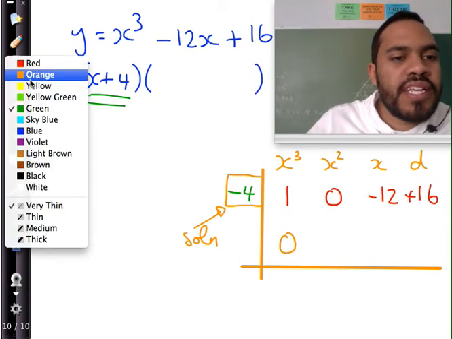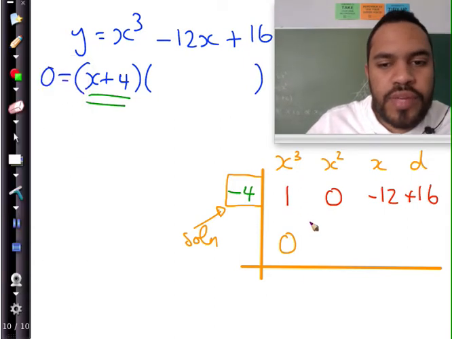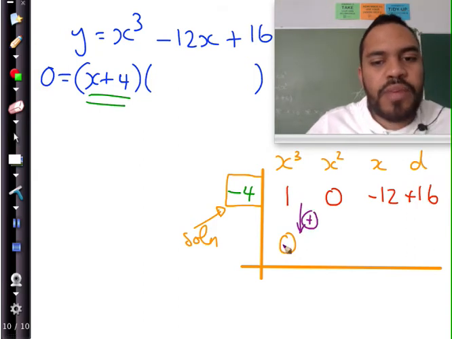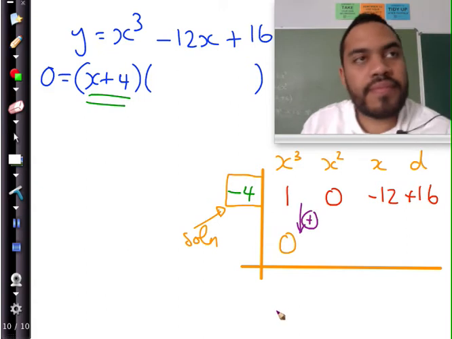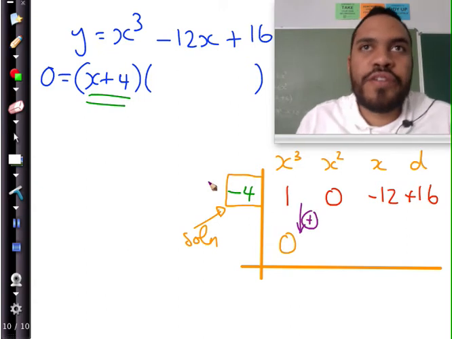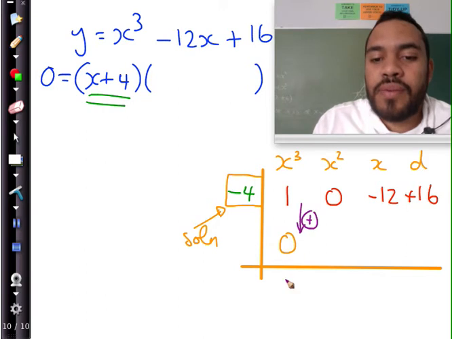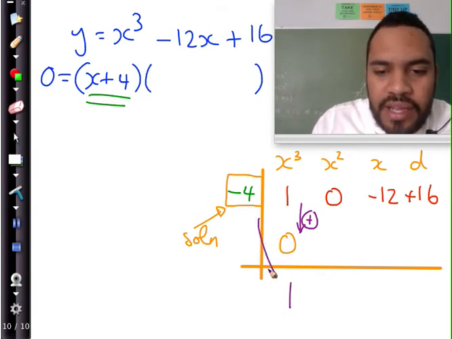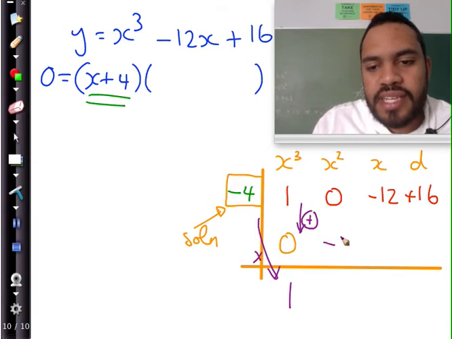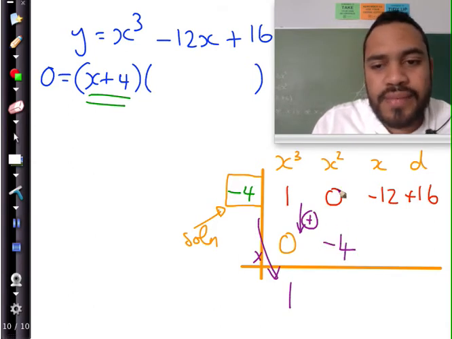Okay. And now I need to do what, Kauthar? What do we do downwards? We add downwards. So this is going to be 1 plus 0, which gives me, there's a lot of confusion in the class when it comes to adding 0, but 1 plus 0 is 1. Now I multiply across, and what do I get? That's negative 4, and I add downwards.